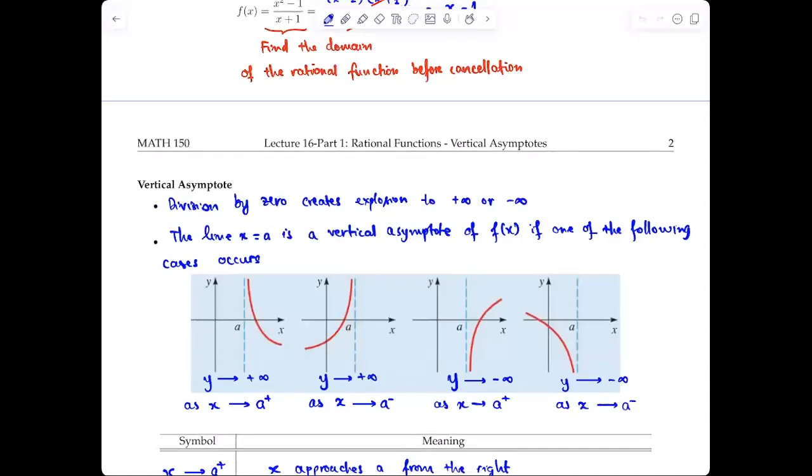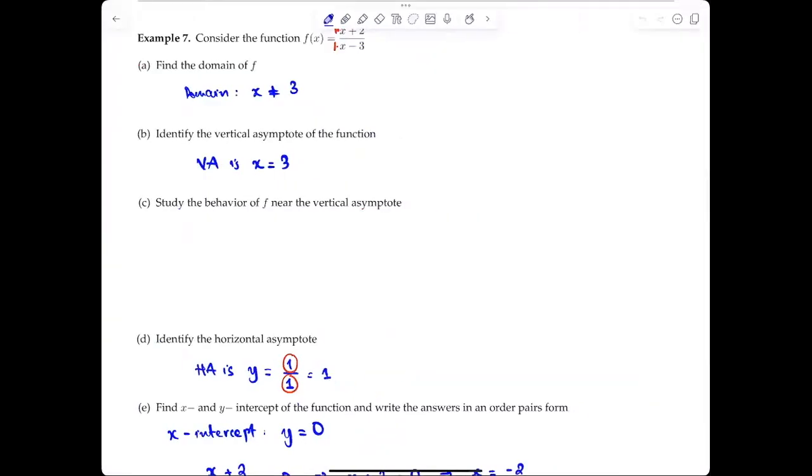Now go back to our problem. The vertical asymptote is x equal to 3. So what is happening to y, or to the function, as x approaches 3 from the left and as x approaches 3 from the right? So as x approaches 3 from the left, you have f of x here.